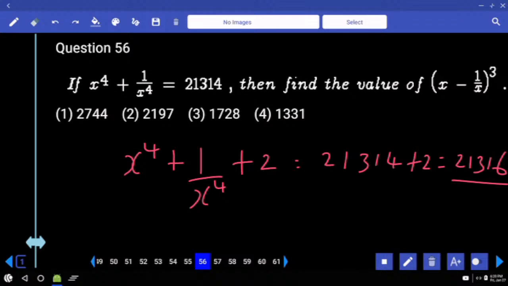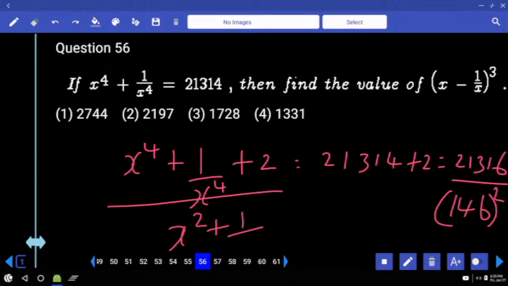Because 14 square is what? 196. 15 square is 225. That means 140 square is 19,600 and 150 square is 22,500. And it is between 140 and 150. And where the ending digit is what? 6. This is nothing but 146 whole square. Yes or no? This is x square plus 1 by x whole square equal to 146 whole square.